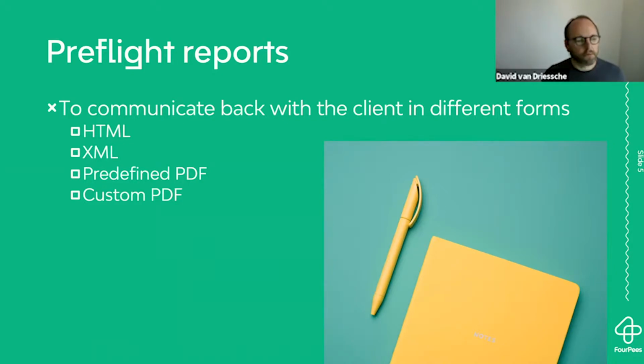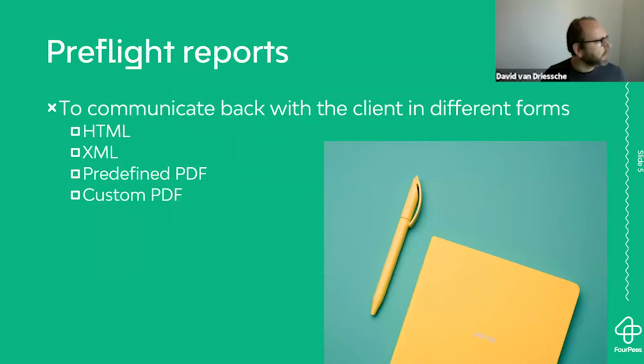It could be through a predefined PDF report, which is one that you cannot modify. It looks a certain way and you can't modify it. It could be through XML if the next step is an automated process and you want to interpret the results of preflight in an automated fashion.